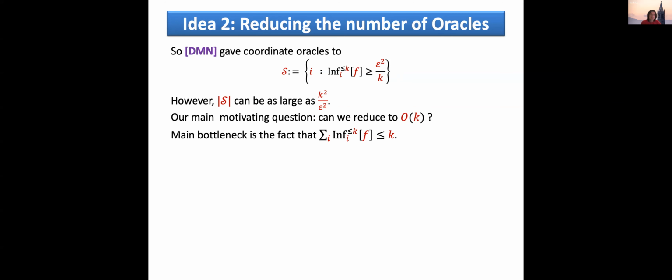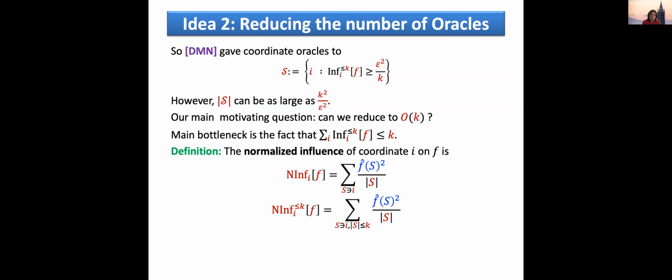The main bottleneck is the fact that the sum of the truncated influences is at most k, which is nice, but it's not nice enough for our purposes. We were pondering how to come up with a notion of importance of a variable, but have this importance not have too large of a sum.